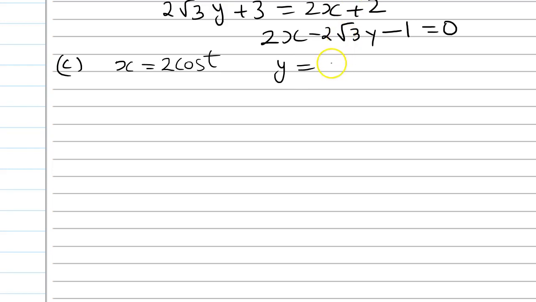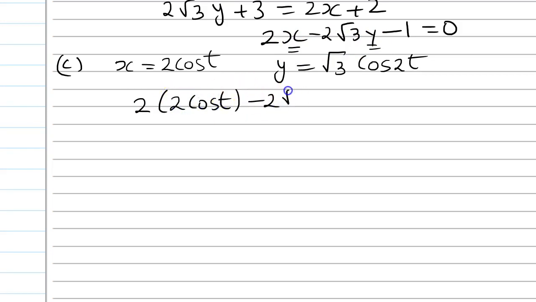If we put the value of x here and y here, it will be 2 times 2 cos t minus 2 root 3 times root 3 cos 2t minus 1 equal to 0.